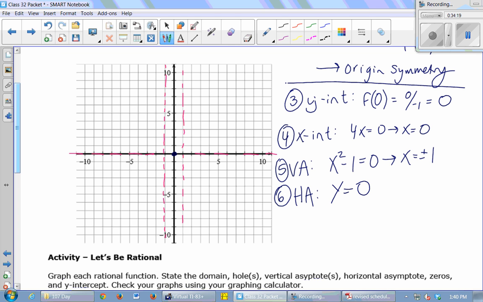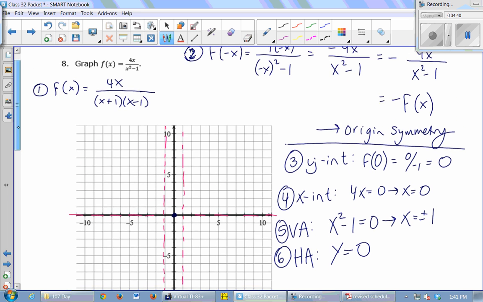Now I have to plot some points on either side and in between any asymptote or x-intercept. So pick any point to the right of the rightmost asymptote and plug it into the equation. What do you want to plug in? 2. Okay.